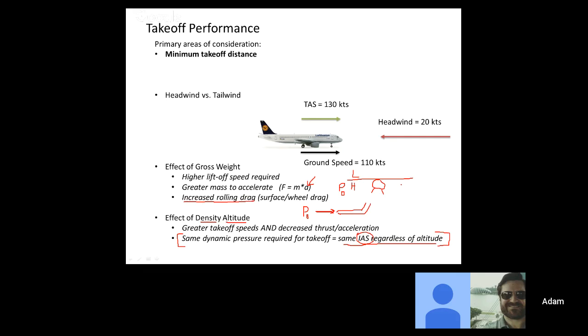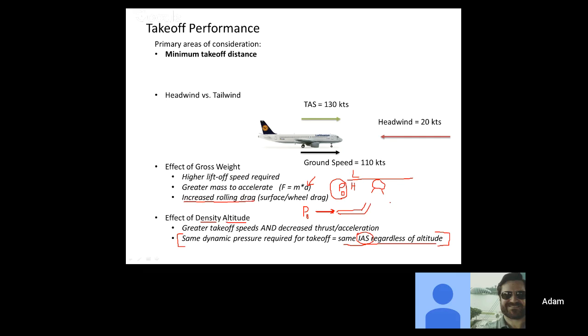Now, your actual airspeed. What I'll tell you is, the three of us are not totally dumb, because the true airspeed does increase. It actually does take a faster speed through the air to obtain the correct dynamic pressure to lift the aircraft off the ground.